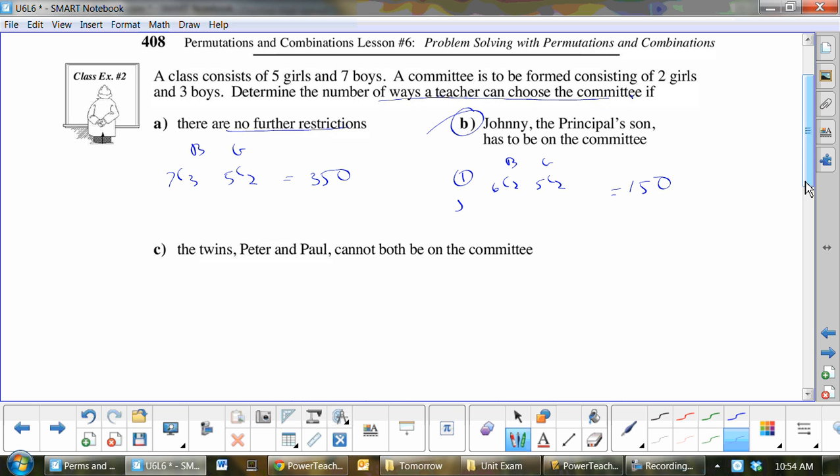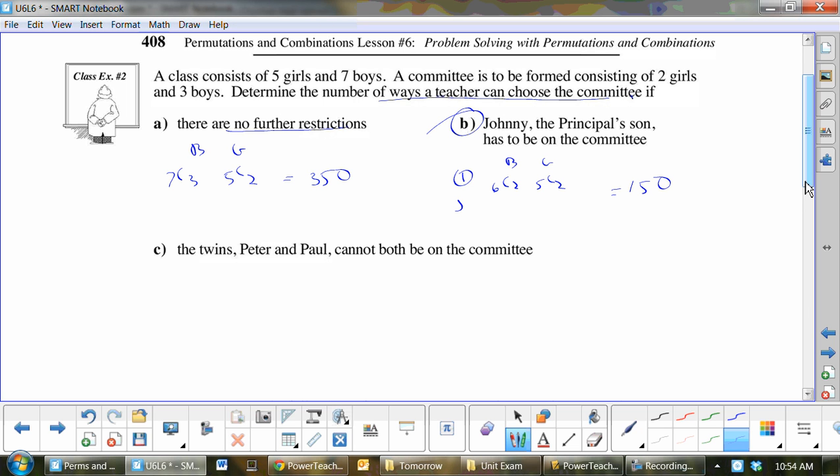Use names. It's still pretty complicated. How many scenarios do we have? We can have Peter only, we can have Paul only, or we can have neither of them. Okay? Do you understand that way?